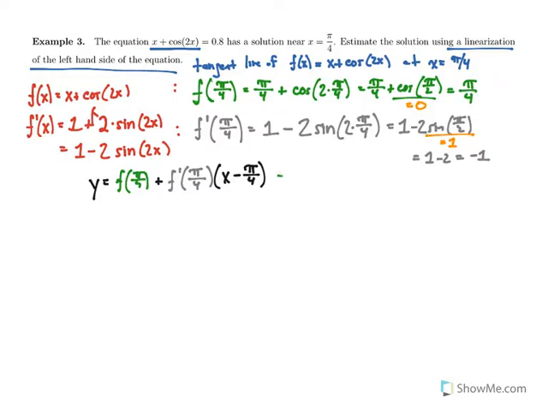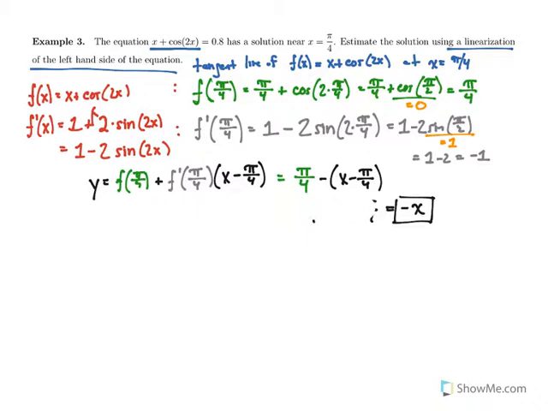So altogether, that's going to be pi over 4 minus 1 times x minus pi over 4. And this should be pi over 4 minus x plus pi over 4. It's just going to be negative x is our tangent line. Y equals negative x.